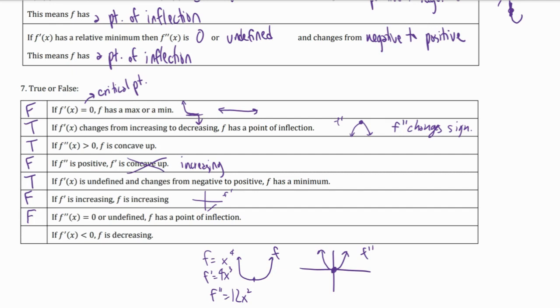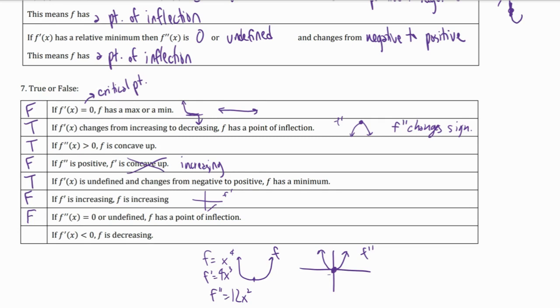So just because f double prime equals 0, that does not mean f has a point of inflection. Again, you can see in my picture, f is just concave up the whole time. F double prime is equal to 0, but there is no change in sign. So there has to be a change in sign on f double prime for f to have a point of inflection.